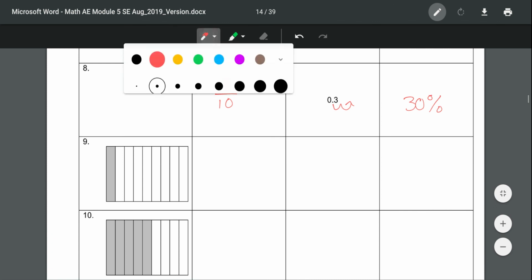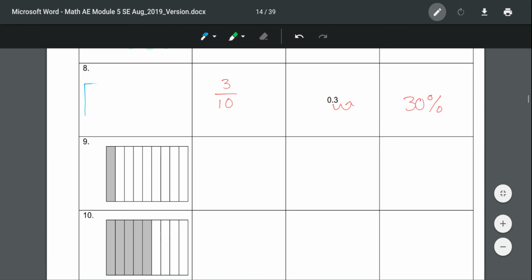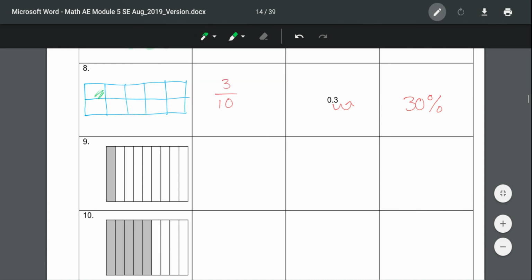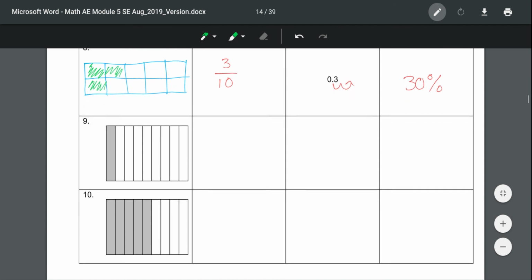So what you want to do is draw a bar model, and I would break it into fifths first, and then horizontally in half, and I have 10 parts, and I want to shade in 3 out of the 10 parts. So this bar model shows 3/10.